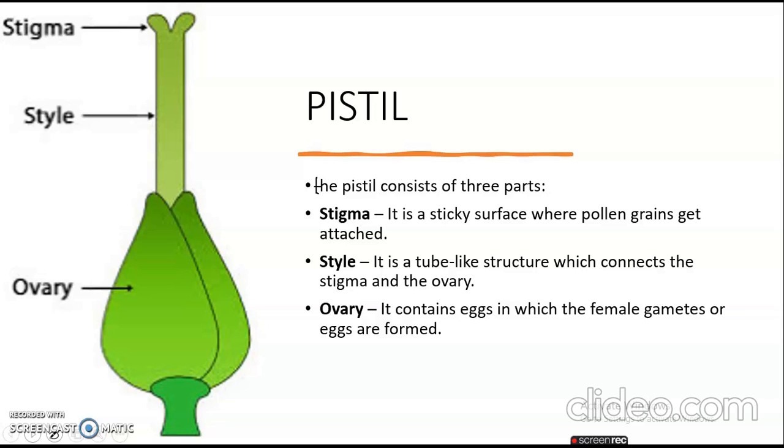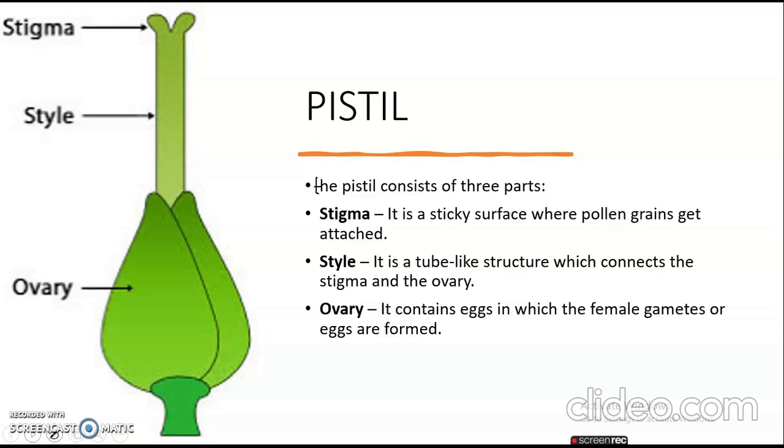The stigma is a sticky surface where pollen grains get attached. As you can see in the picture, the stigma is present. What is style? It is a tube-like structure which connects the stigma and the ovary.